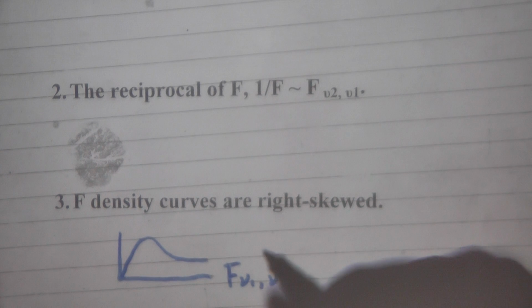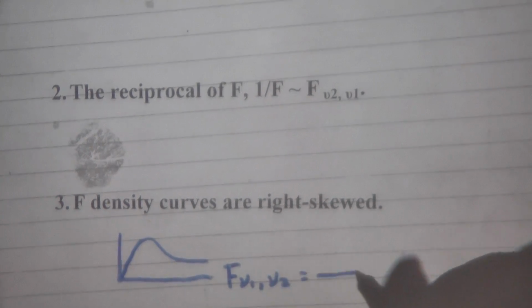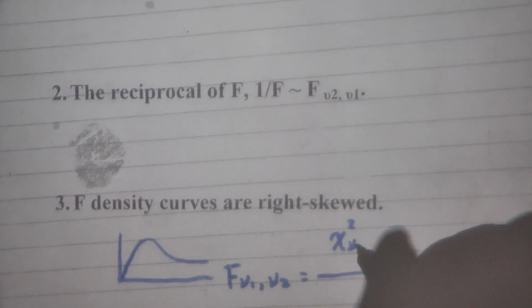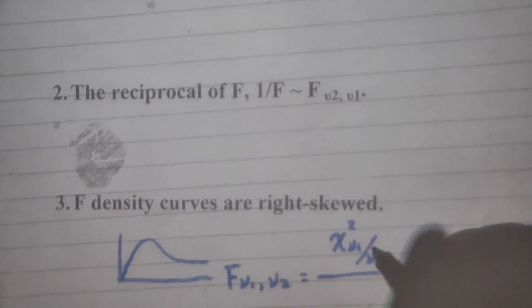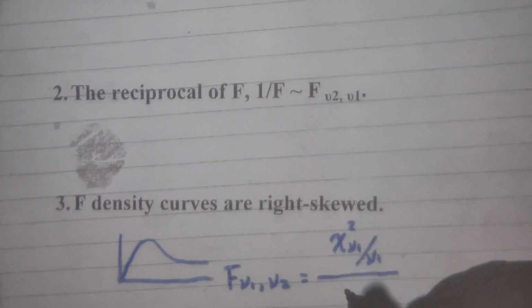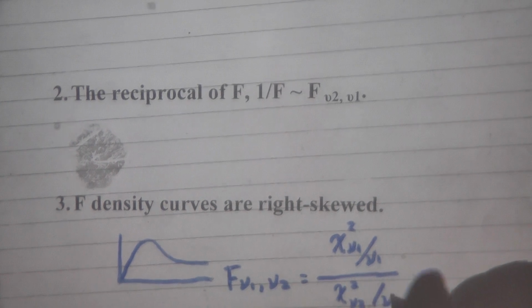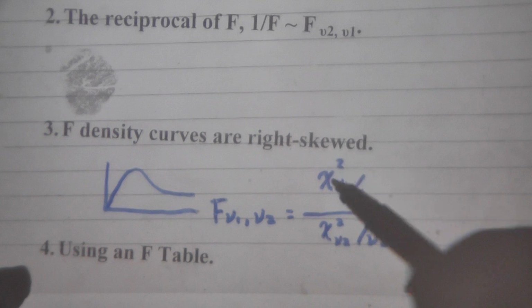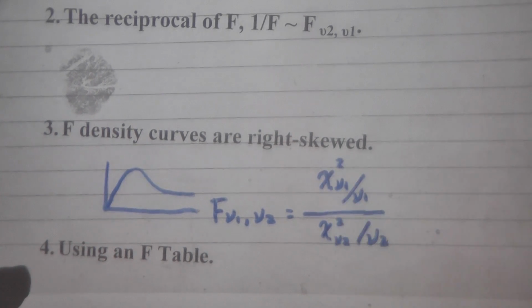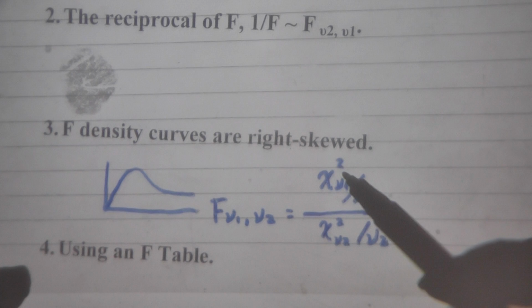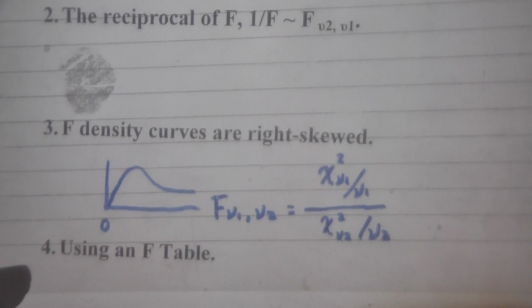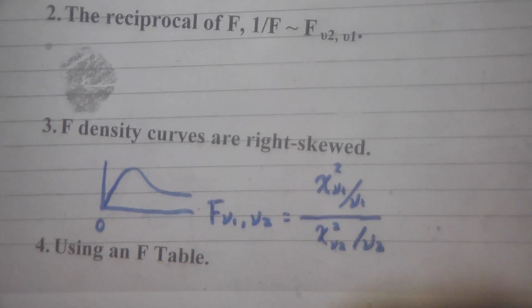And since this is a ratio of two chi-square random variables divided by their respective degrees of freedom, and since we know a chi-square random variable is always positive, the ratio of the two is still positive. So we begin from 0. Okay? This is an F density curve.